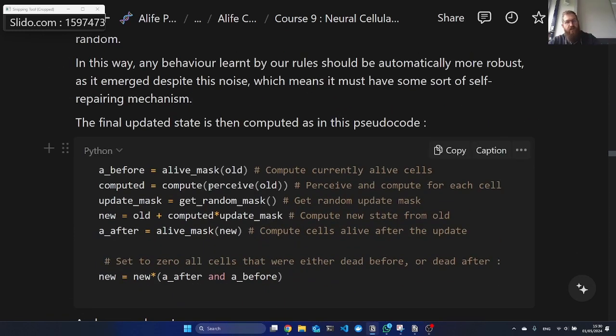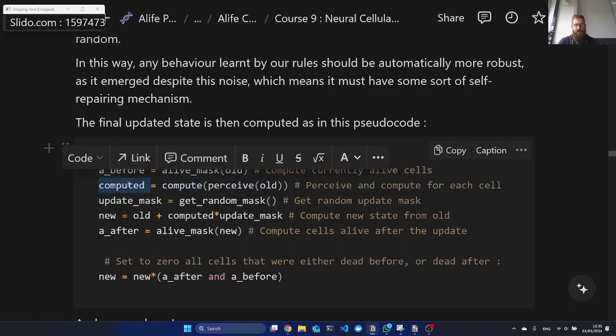So in the end, the final updated state is computed in this way. First we get a tensor where we look at which cells are alive before anything happens. So this is A before, the currently alive cells. Then we do our process: we do the perception, then we do the compute step, and this gives us the computed state for each of the particles.